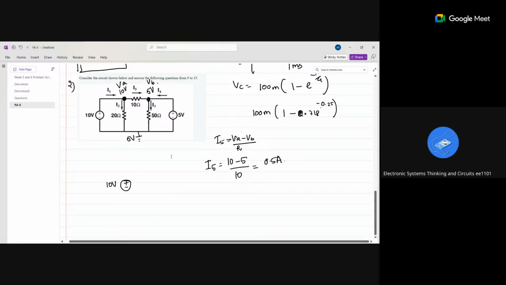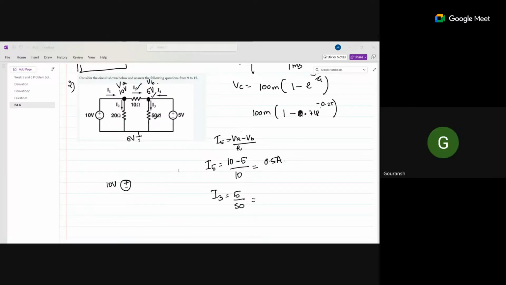Then here for the 50 ohms also I have a voltage value and a resistor value, so I can find I3 also. 5 by 50, right? And for finding I4, we will apply KCL.